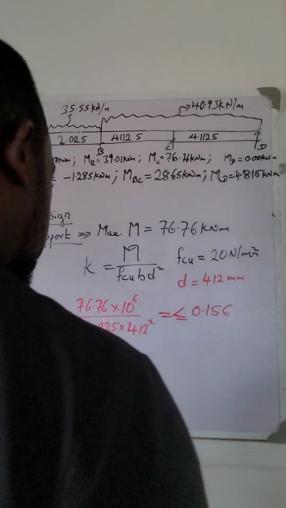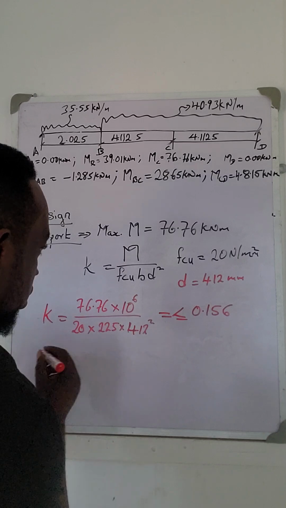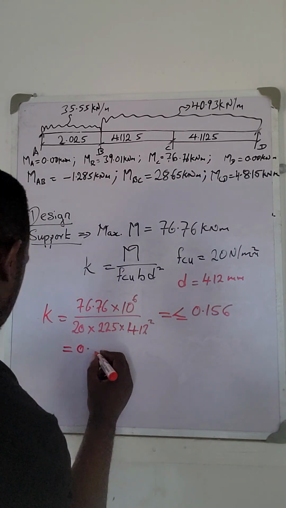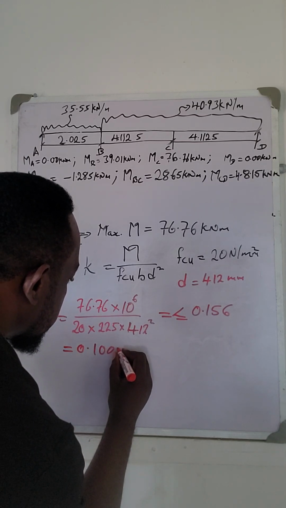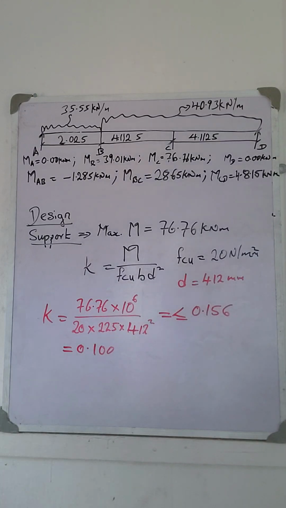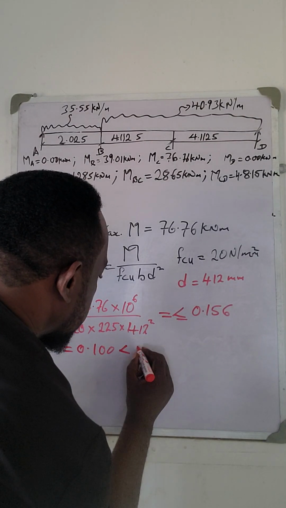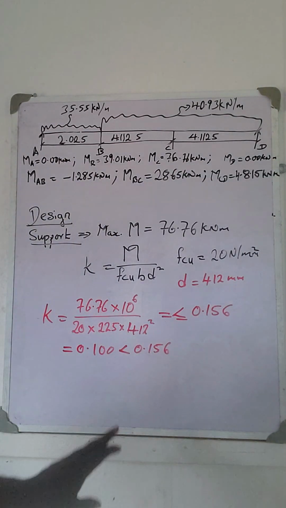This one will give me 0.100, which is less than 0.156. This is okay.